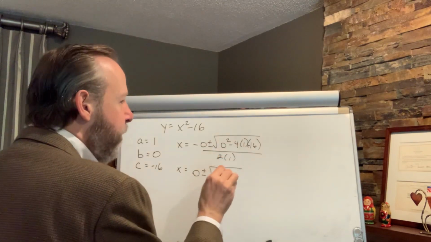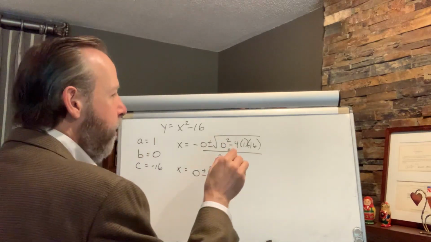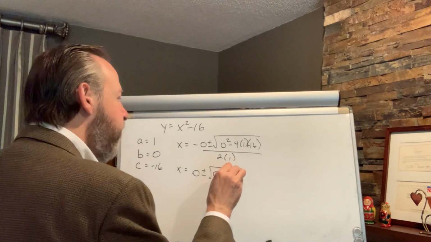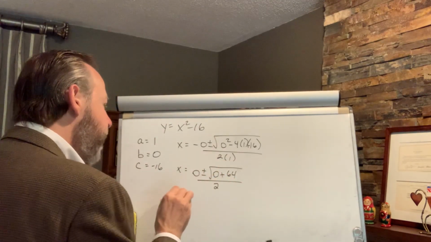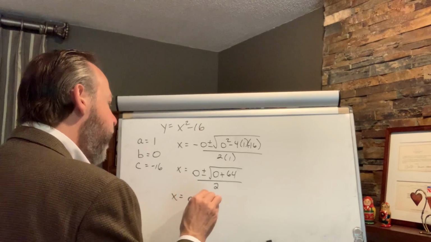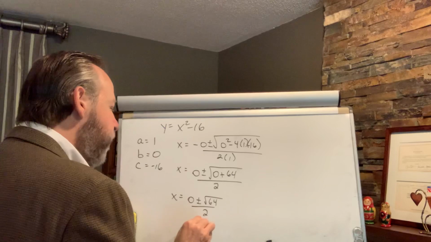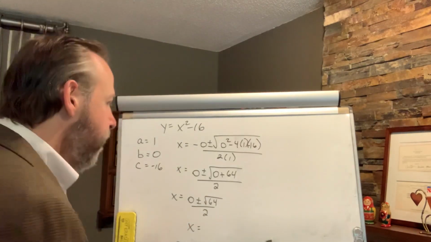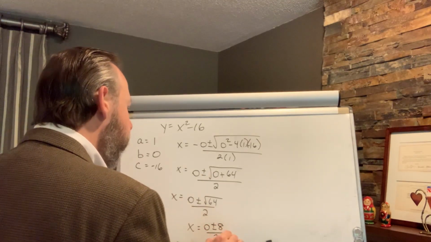Negative times negative is positive, so I'm going to add to it. 4 times 1 is 4, and 4 times 16, anyone? 64, all over 2. Now that's going to be 0 plus or minus square root 64 over 2. Again, square root 64 is 8. So it's 0 plus or minus 8 over 2.